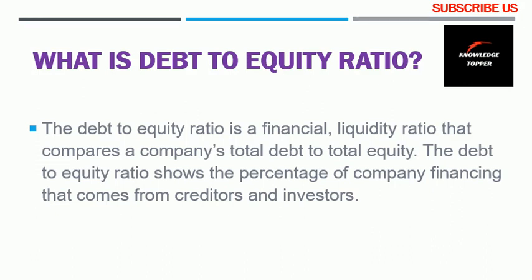As written on your screen, the debt to equity ratio is a financial liquidity ratio that compares a company's total debt to total equity. It shows the percentage of company financing that comes from creditors and investors. In simplest words, it is a comparison of a company's total debt to total equity.